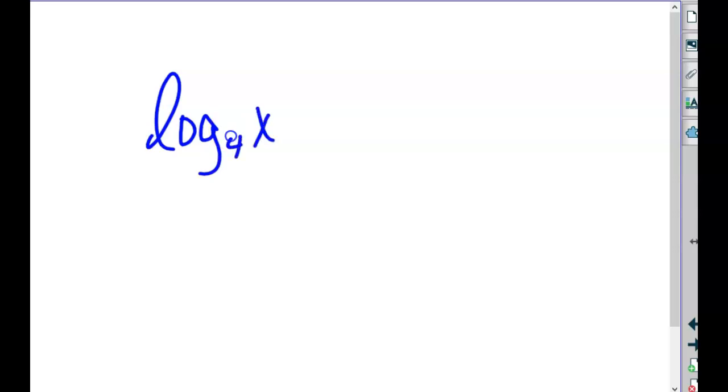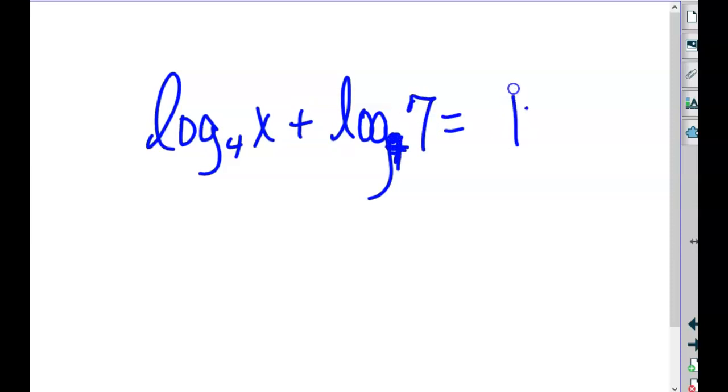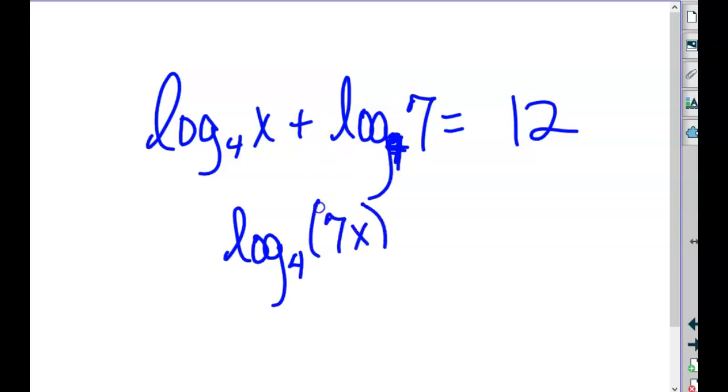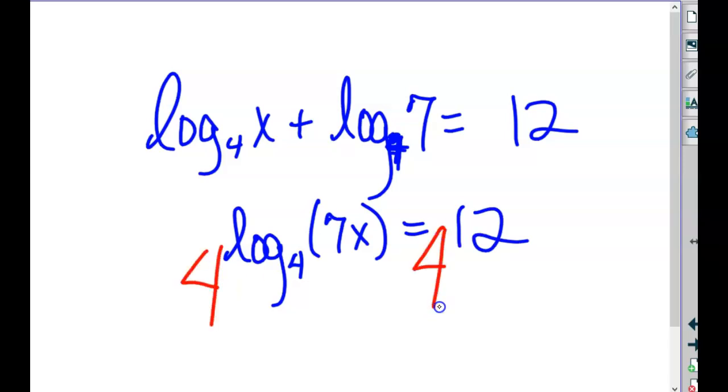Log base 4 of x plus log base 4 of 7 equals 12. So those are both base 4, so I can combine them. Log base 4 plus would become times. And then I would do this, and I'm going to have a humongous number because I picked 12 over there.